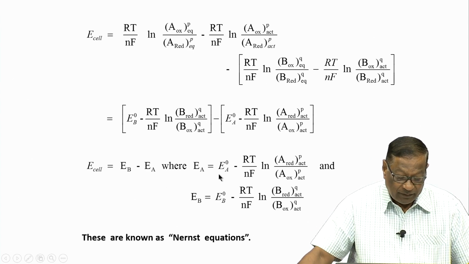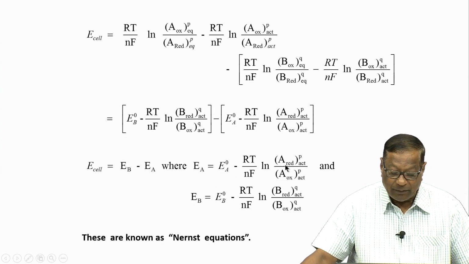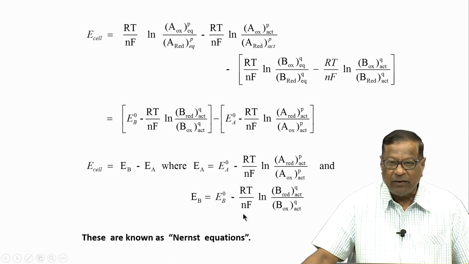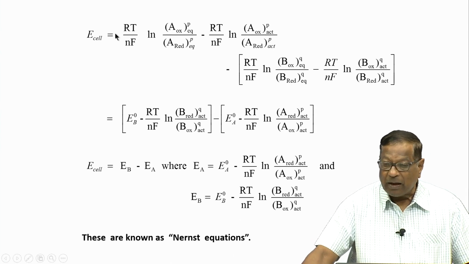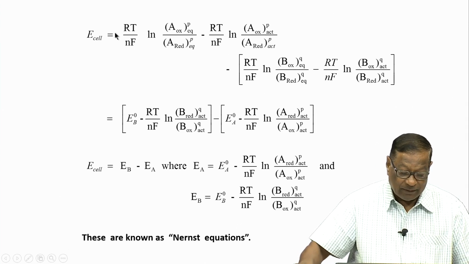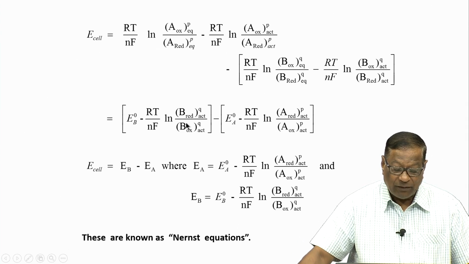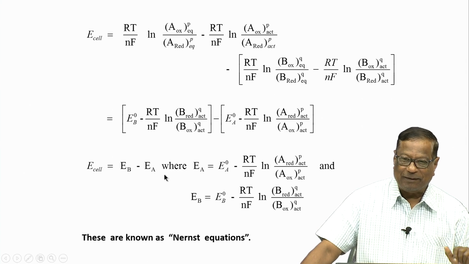So, these equations, EA is equal to E naught A, these equations are known as Nernst equations. So, Nernst equations are the, they tell us about the actual potential of a given system for each element.